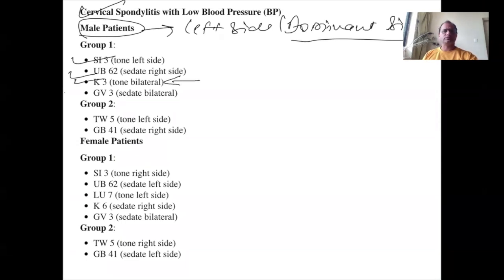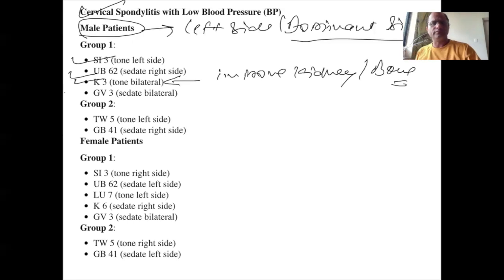Kidney 3 is an excellent point to improve the kidney and the bones. And governing vessel 3 is the local point. We will sedate it bilaterally if you are using Sujok. So this is our protocol for the male patient.